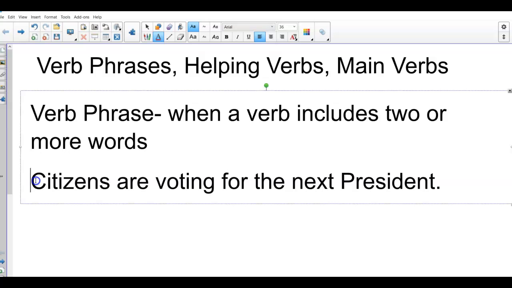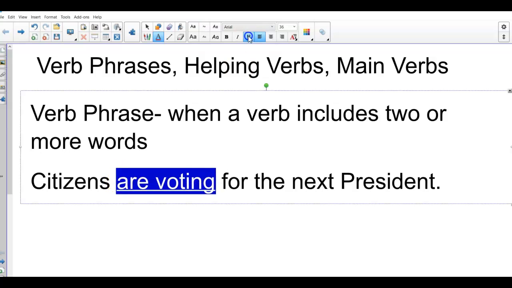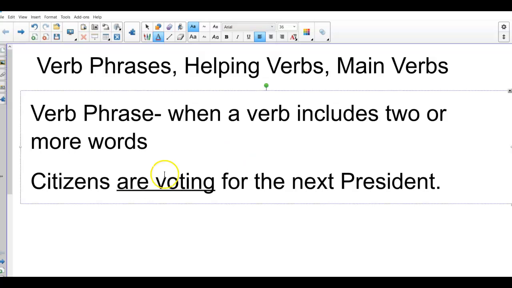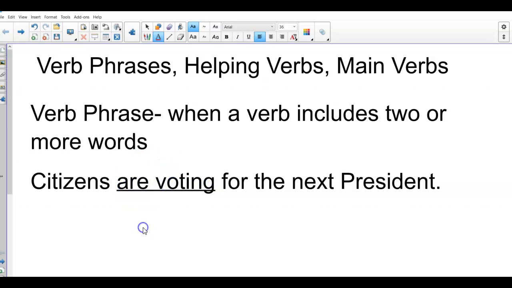Citizens would be my subject, my who or my what. What are they doing? They are voting, but there happens to be actually two words working together here. Two verbs are working together. We went over be verbs, so are is a verb and voting is a verb. So I actually have a linking verb and an action verb working together. This is what we are going to call a verb phrase.